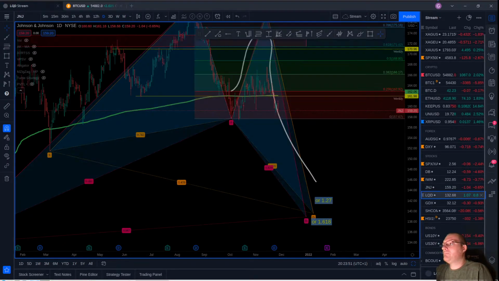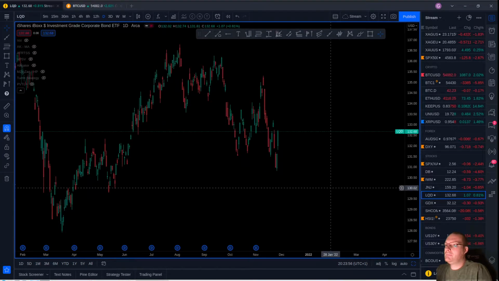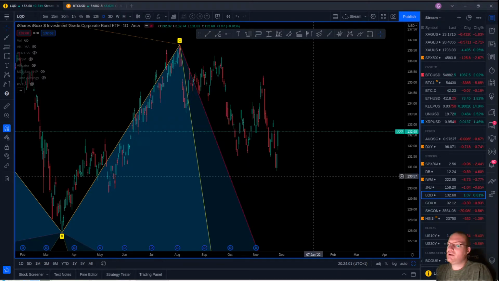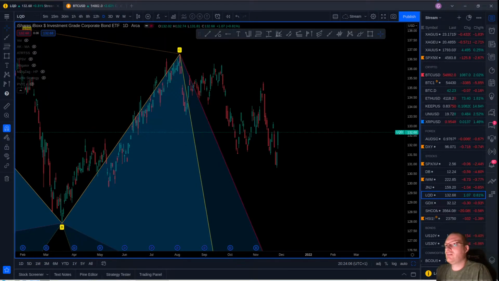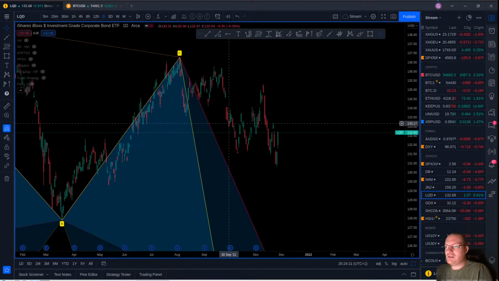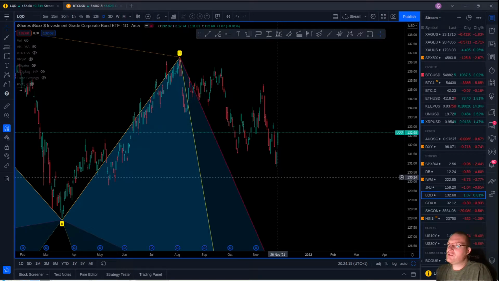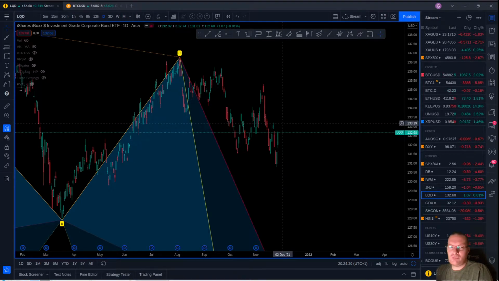So LQD. Here we did go up actually, which is quite surprising. So people felt like investing in corporate bonds, but the trend is to the downside. And actually last week I was looking to sell some call options, and the order book for until the end of the year was just empty.